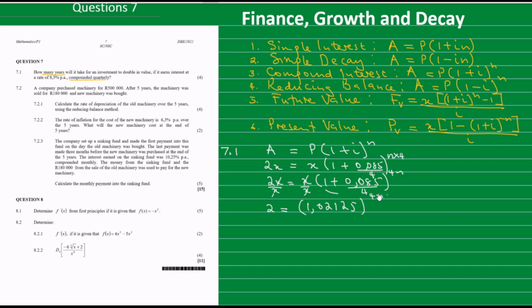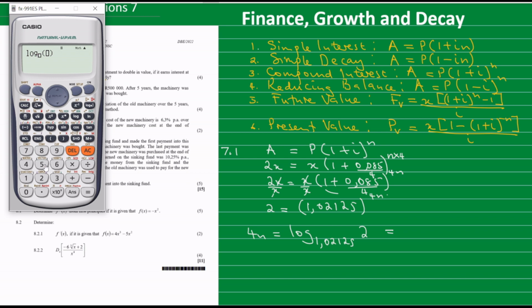Now to find 4n, we have to use logarithms. That is, our 4n will be equal to the logarithm of the number 2, and our base is going to be 1.02125. Let's find the value of n here.